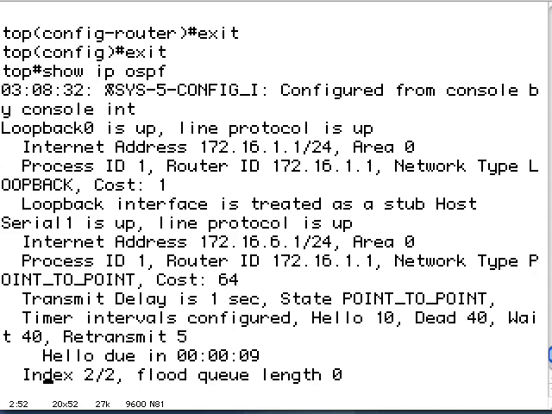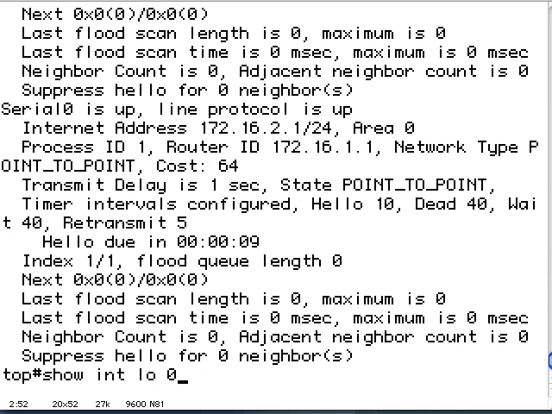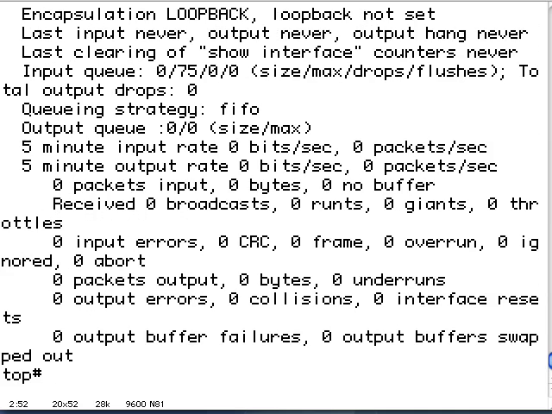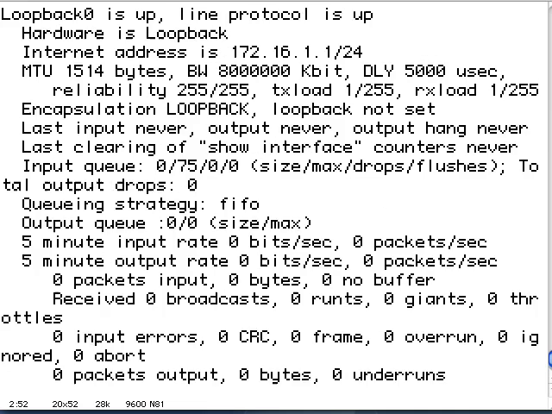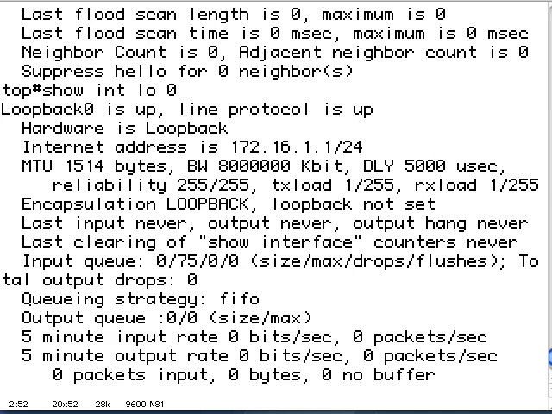Our cost is 1. Let's do show int lo0. What is the bandwidth of a Loopback interface? Looks like 8 gigabits is the bandwidth of a Loopback interface, which is greater than 100 megabits, right?